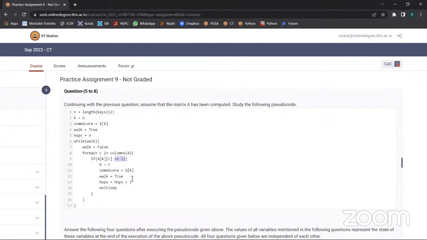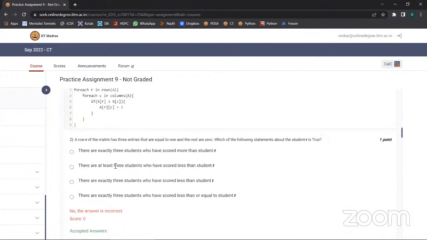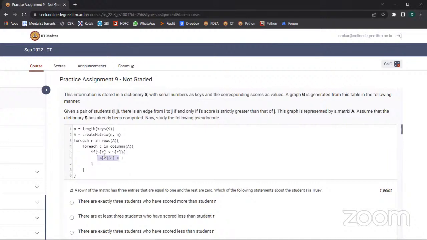Okay. So this will be 1 only when K scores more marks than C. That is what we concluded after studying these lines of code, right? The first student scores more than the second student, then only it is 1.